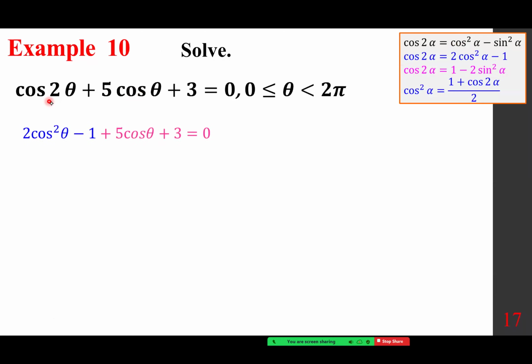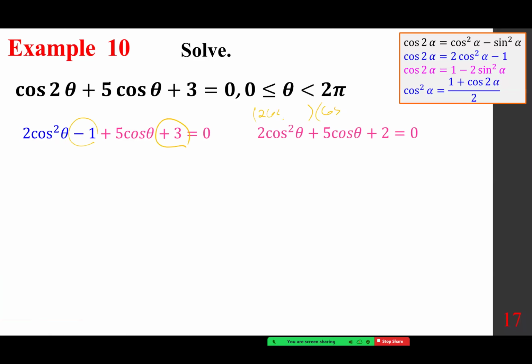So this is changed to 2 cosine squared minus 1. And now 2 cosine squared theta plus 5 cosine theta plus 2. You can factor it easily because 2 is a prime number.